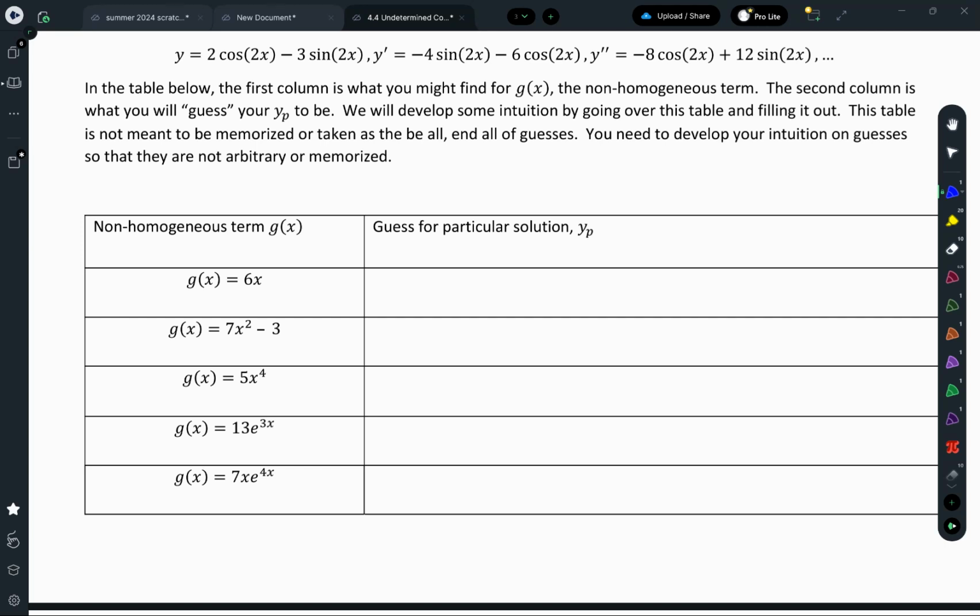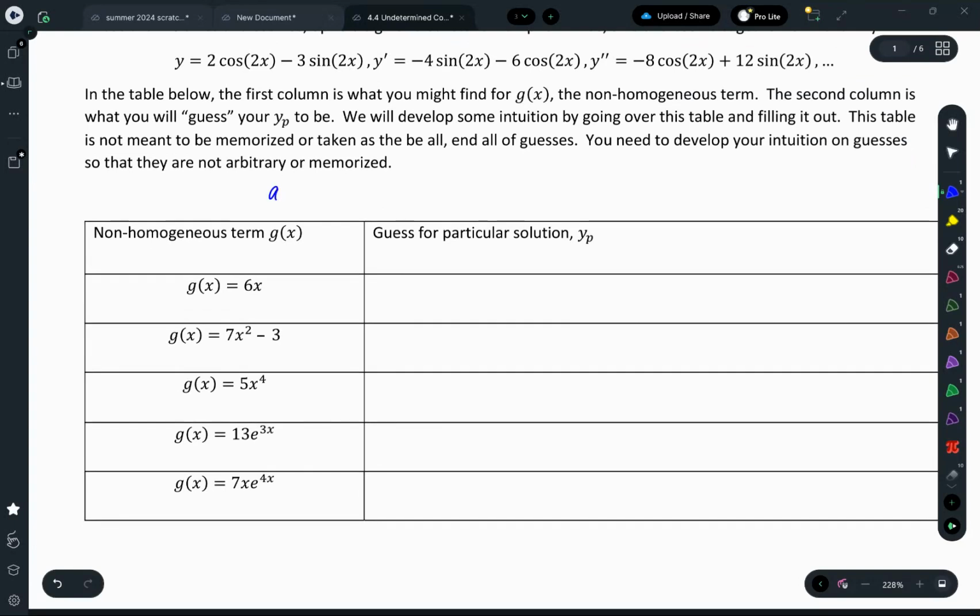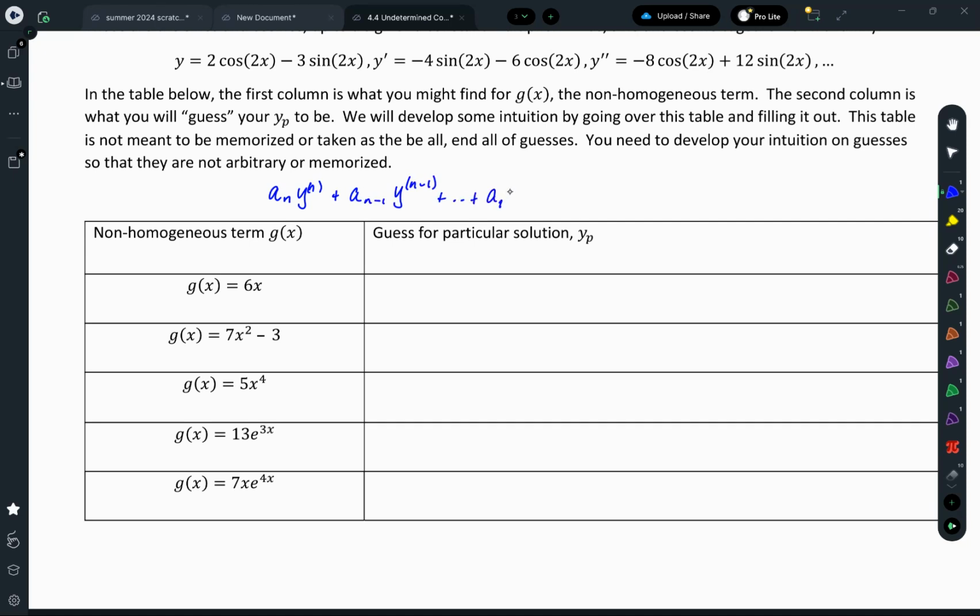All right, so let's say that our non-homogeneous term is 6x. Now remember, to the left of the non-homogeneous term, we have possibly some a sub n, y to the n derivative, plus some a sub n minus 1, y to the n minus 1 derivative, plus all the guys in the middle, plus a1 y prime, plus a naught y equals g of x.